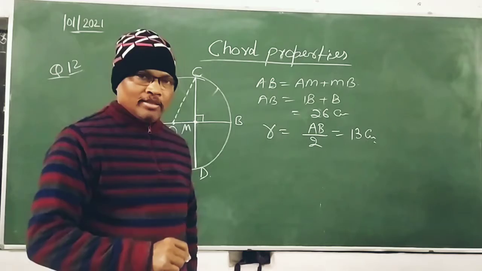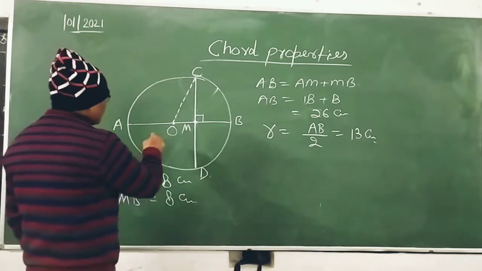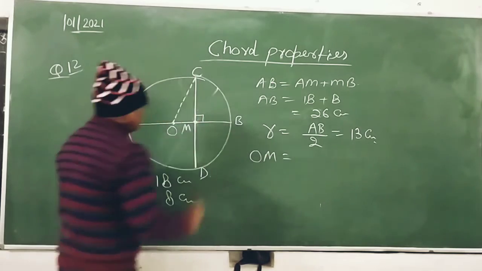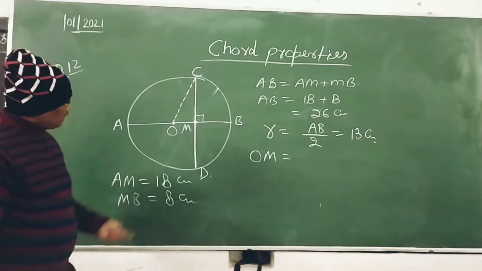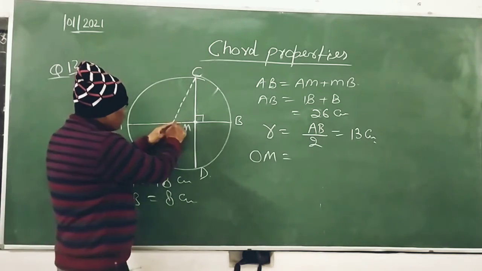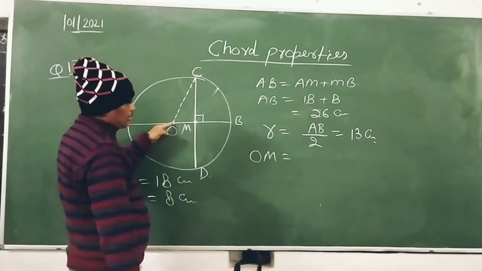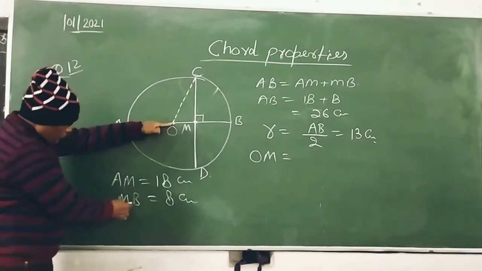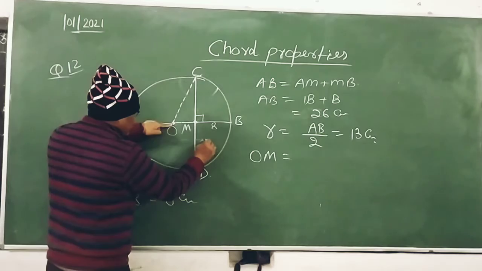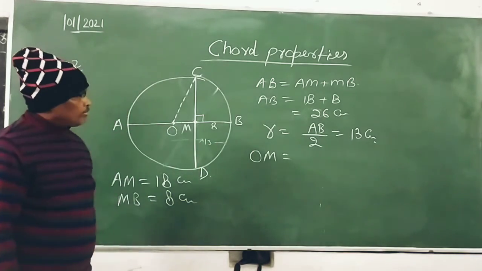जब रेडियस निकल आए बहुत सारी चीजें और मिले. Can you tell the OM in the figure? OM. What is OB? Radius. OB अगर हमारे पास 13 है, MB as you know this is 8. What you will say about the OM?